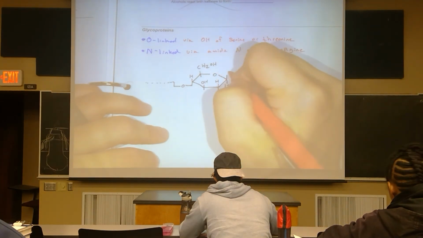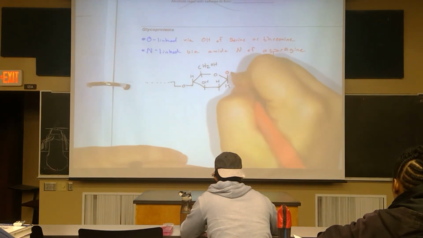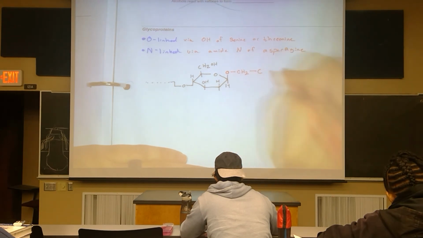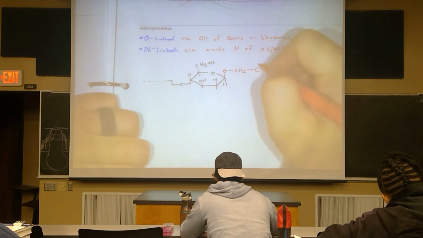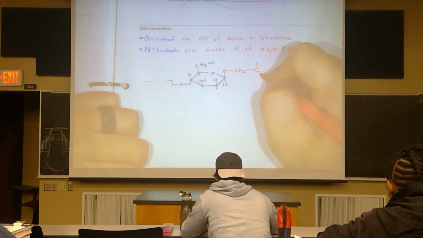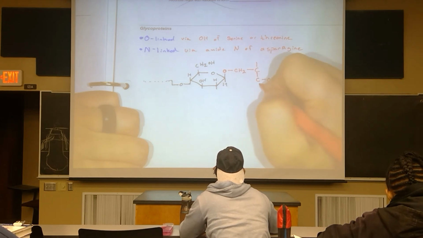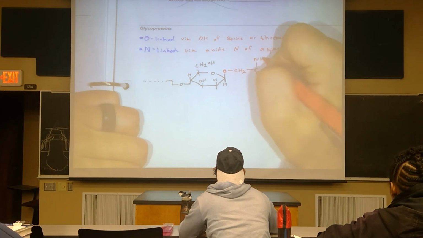This would be our oxygen from the OH group of serine, then the alpha carbon of serine. And this is in an amino acid chain, and this goes on to another amino acid.